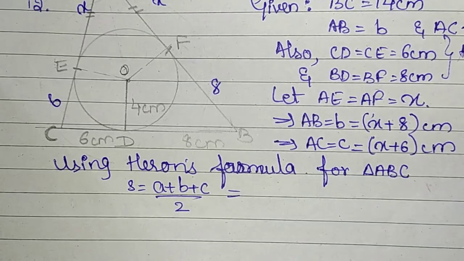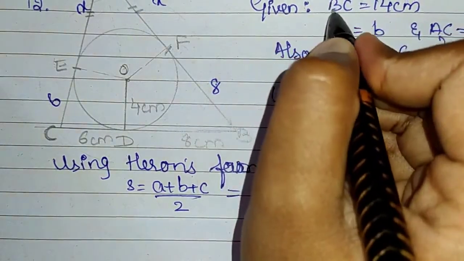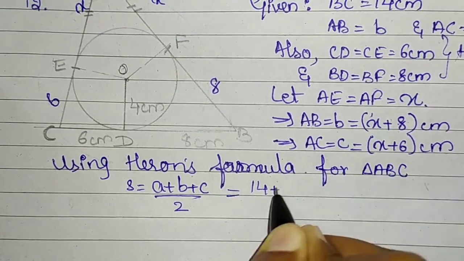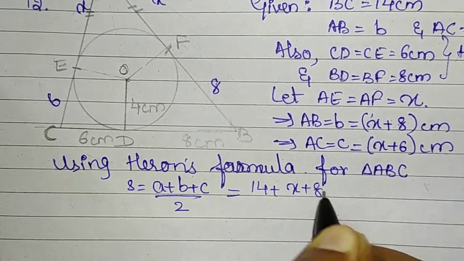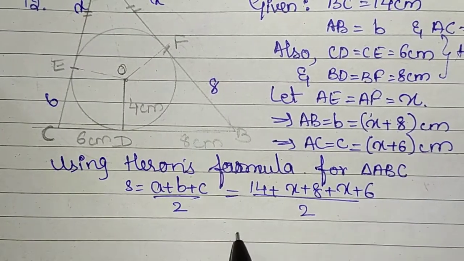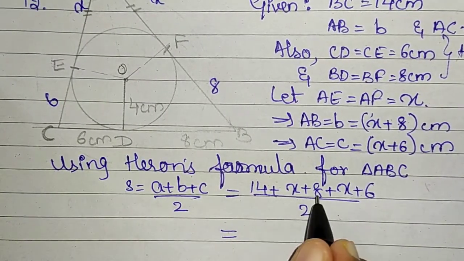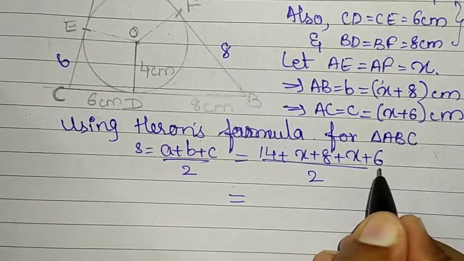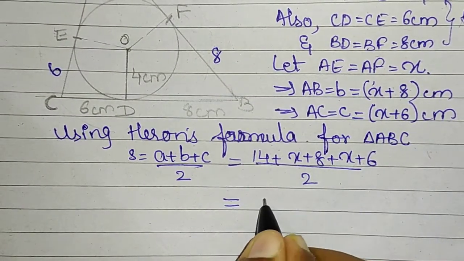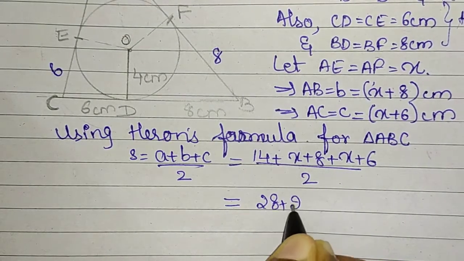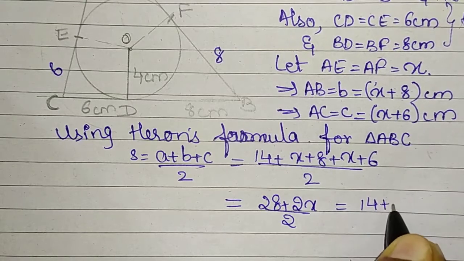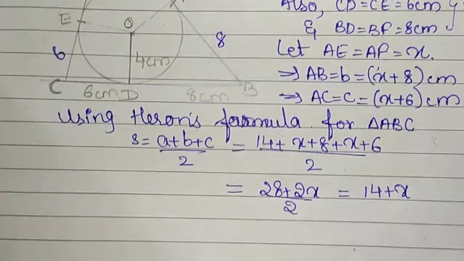We know that a is BC, which is 14, b is x plus 8 and c is x plus 6, whole divided by 2. On simplification we get 14 plus 8, 22, 22 plus 6, 28, and x plus x, 2x. So (28 plus 2x) by 2, which is nothing but 14 plus x. So S is 14 plus x.